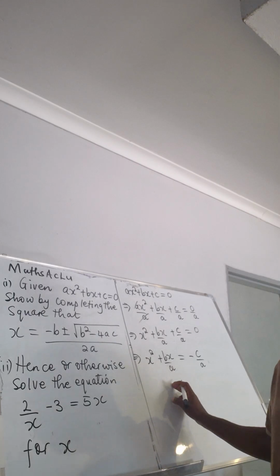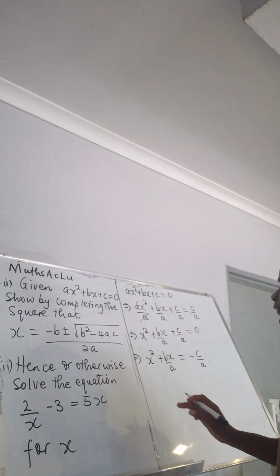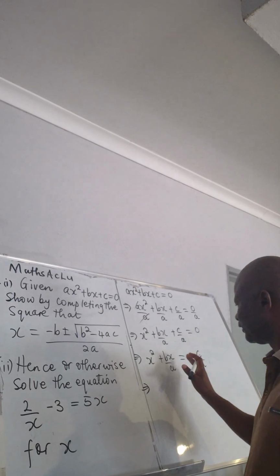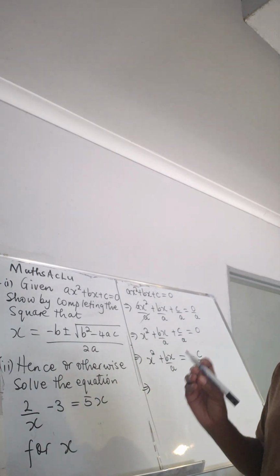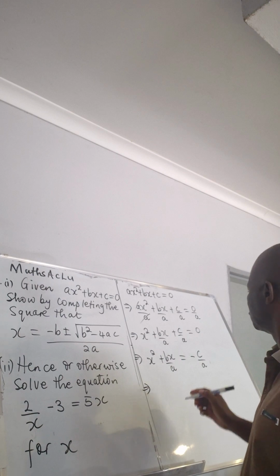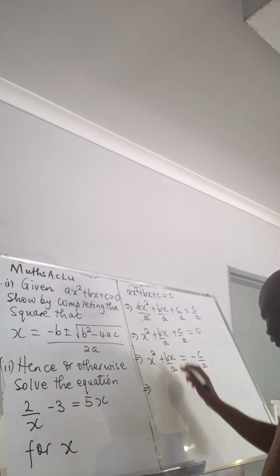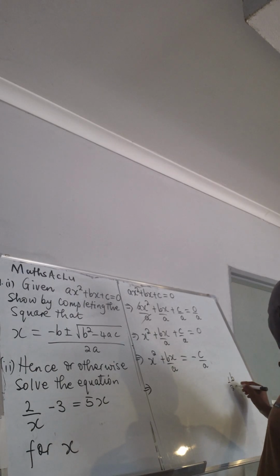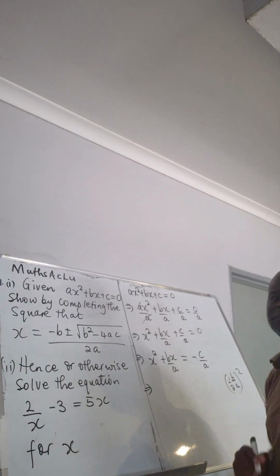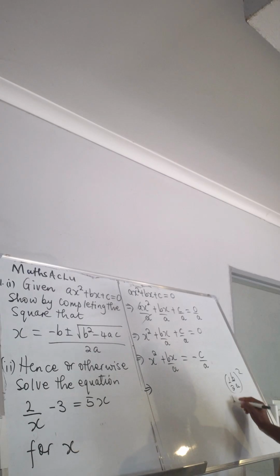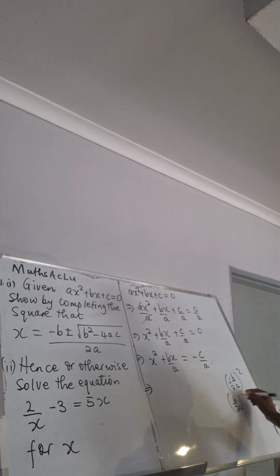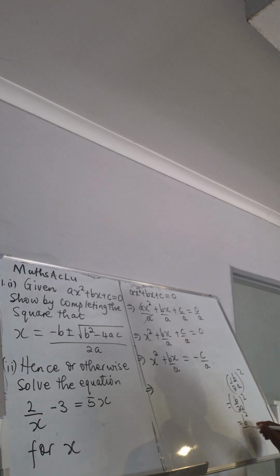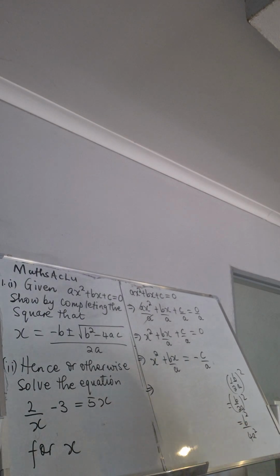Right. Now we want to complete the square here. The left-hand side, we want to make it a perfect square. So making it a perfect square, I said you must add half the coefficient of x. So in this case, our coefficient of x is b over a. So half of b over a. Then you square it. So it is going to be b over 2a squared, which is going to be b squared over 4a squared from here.